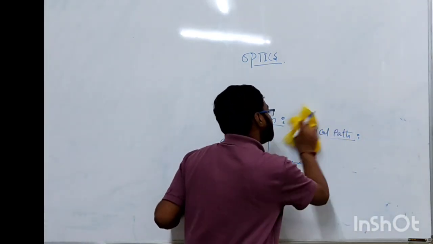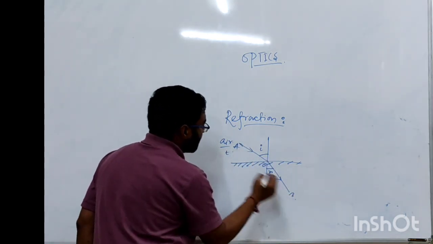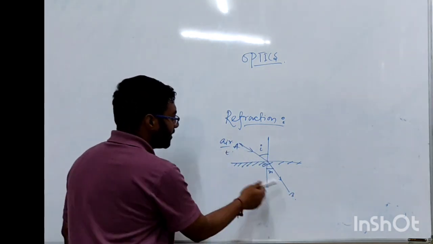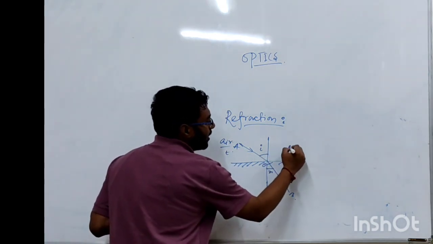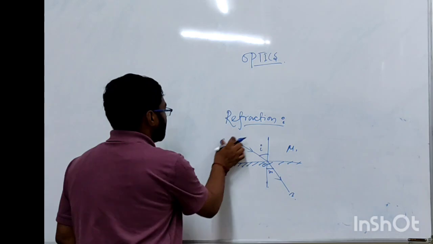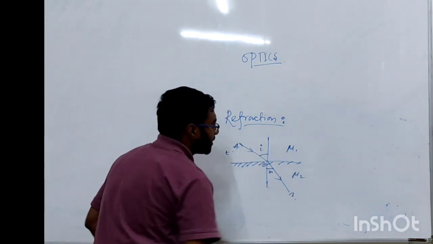Let's go on to prove the refraction formula. Here also we have A, O, B. AO is the incident ray and OB is the refracted ray. Let us consider the refractive index of the first medium is mu1 and the refractive index of the second medium is mu2.